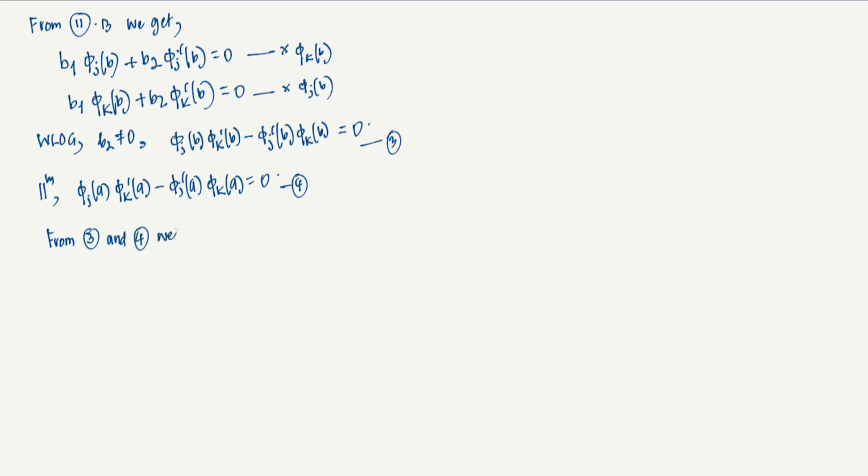We have lambda j minus lambda k times the integral from a to b of s phi j phi k is going to be 0. Why? Because this expression, phi j phi k prime minus phi j prime phi k, evaluated at the point b is 0, and similarly this whole thing evaluated at the point a is 0.